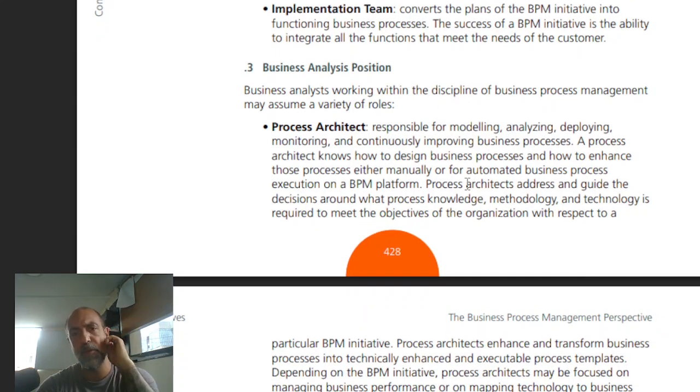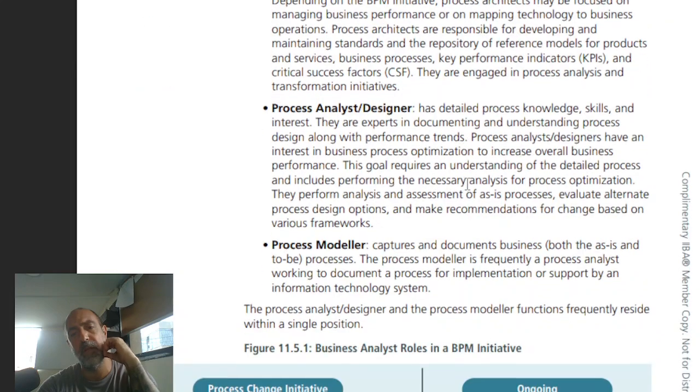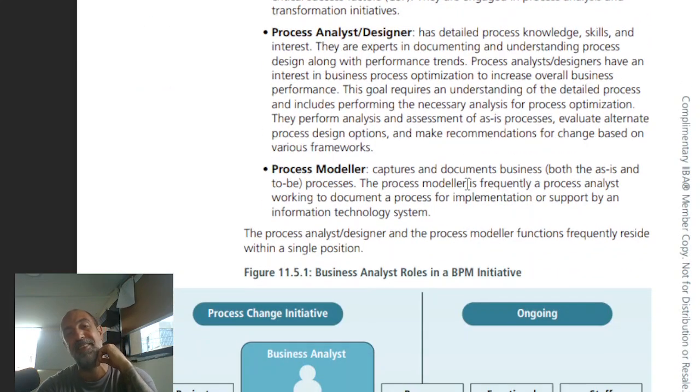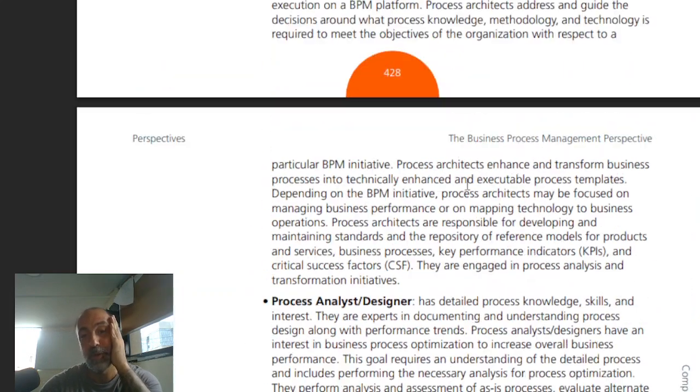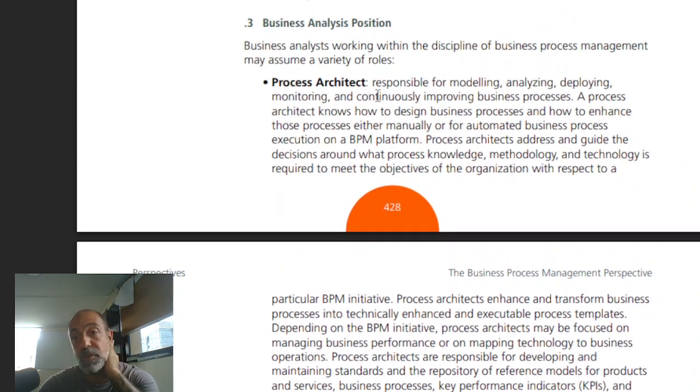What's the business analyst's position? He's the process architect, or the process analyst as a designer, or the process modeler. The architect is responsible for modeling, analyzing, deploying, monitoring, and continuously improving business processes. A process architect knows how to design business processes and how to enhance these processes, either manually or as automated business process execution on a BPM platform.